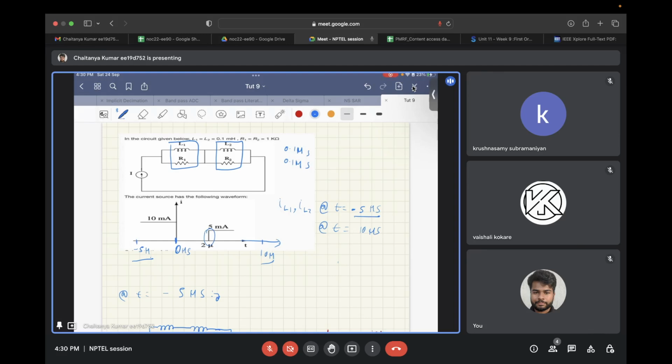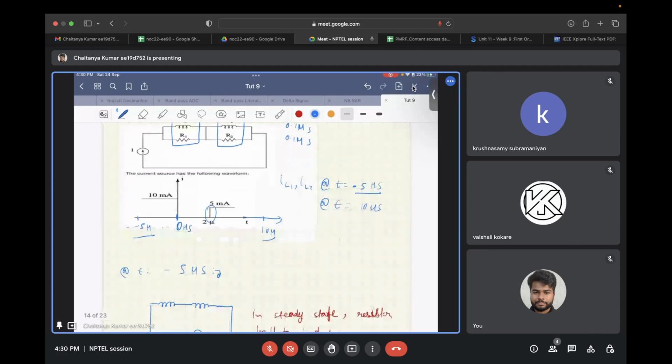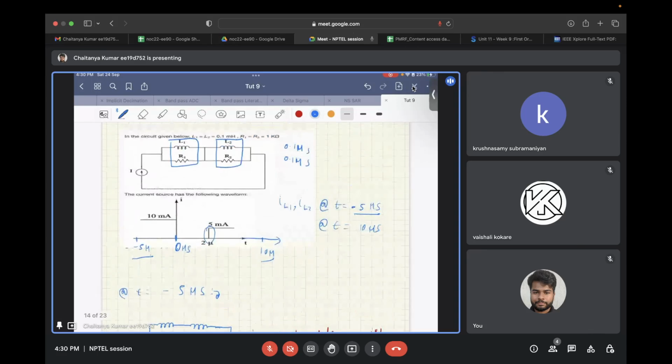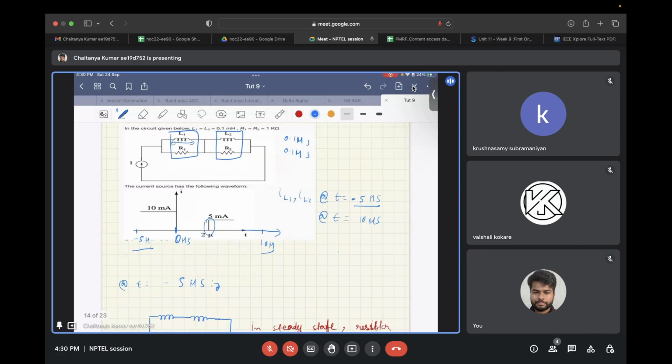So in both cases, you will have a steady state circuit. Now, in steady state, since the impedance of an inductor is zero, anything in parallel to that inductor can be ignored. So you can ignore R1 and R2.